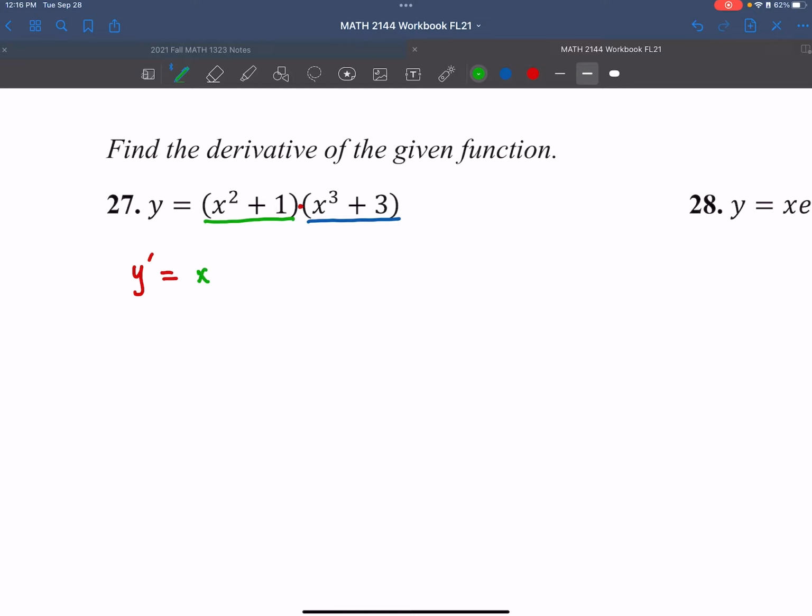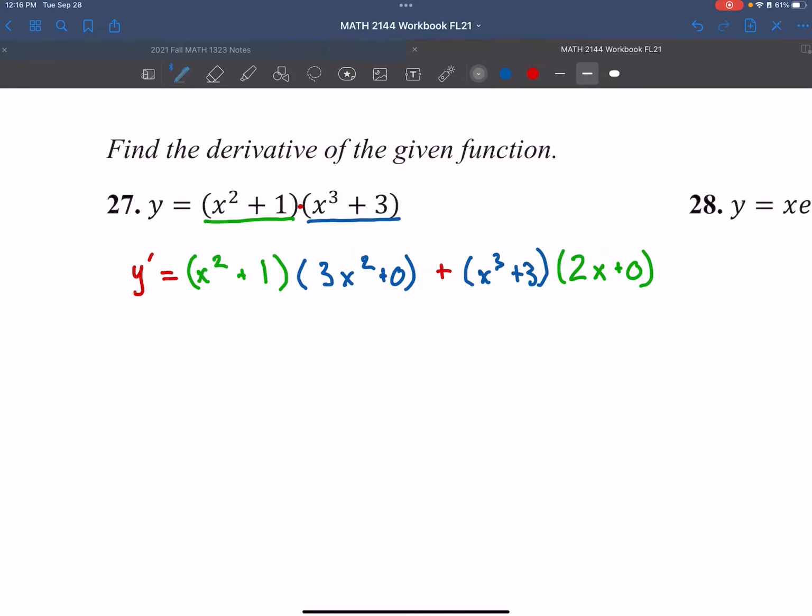So it's going to be x squared plus 1. Then I'm going to multiply it by the derivative of this blue one, so this is going to be 3x squared. I'm going to just put plus 0. Then we'll have plus the second, which is x cubed plus 3, and we're going to multiply it by the derivative of the first, which is 2x plus 0.